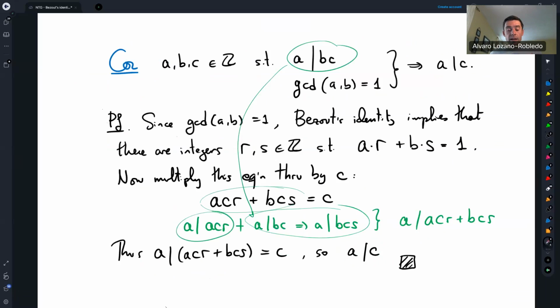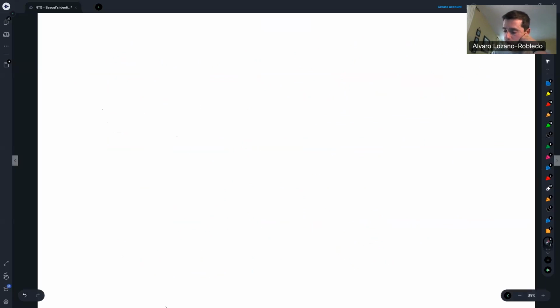Okay, and again, this is going to be very important in proving, for example, the fundamental theorem of arithmetic. To prove uniqueness of prime factorizations, this corollary is super important.